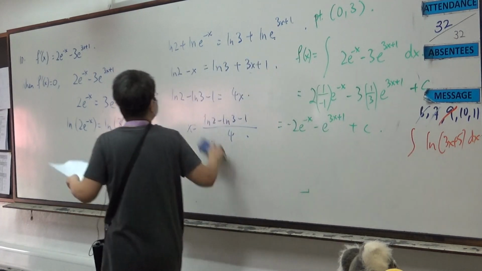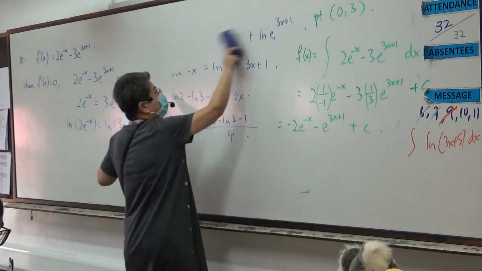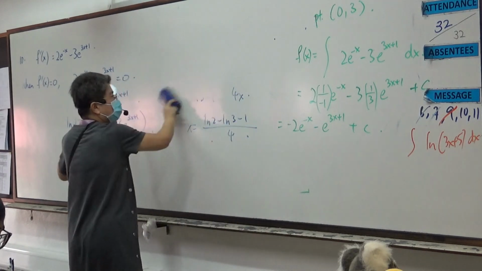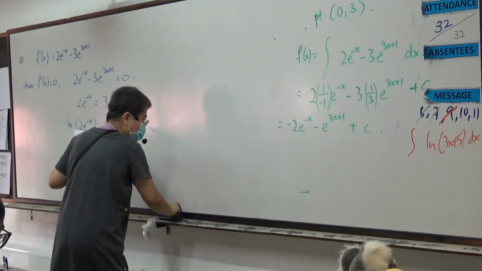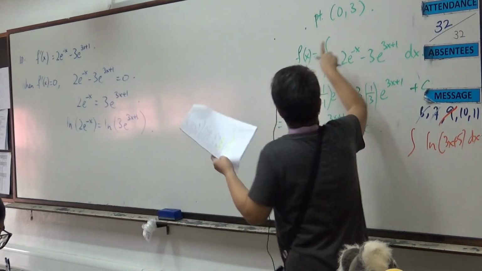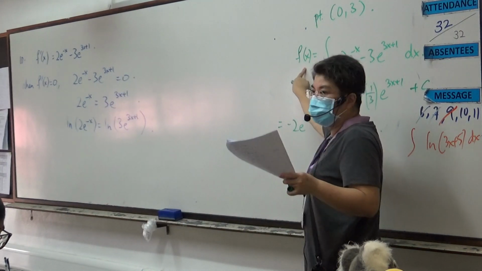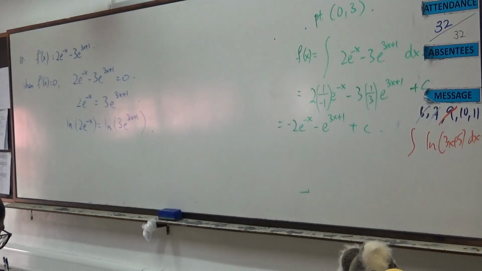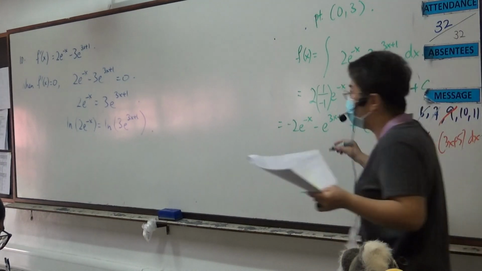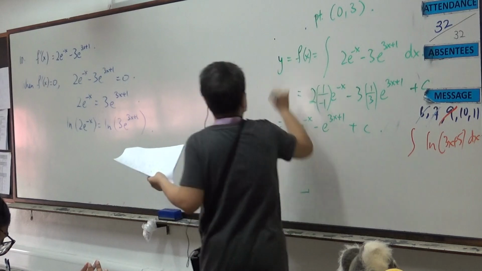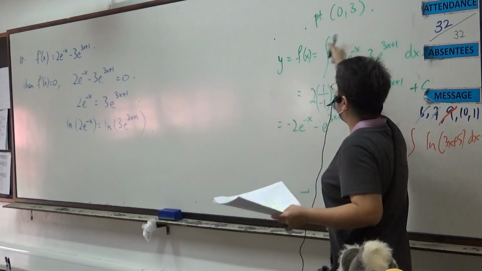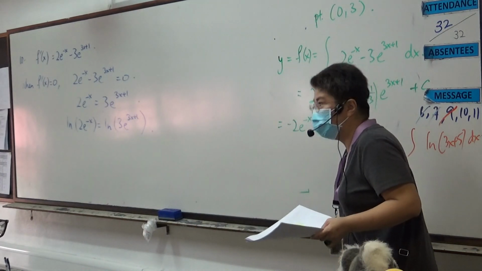Now, do you agree this f(x) is actually equal to y? Because the question also says y equals f(x), correct? So this is actually y, right? When y is 3, what is my x? 0, right?